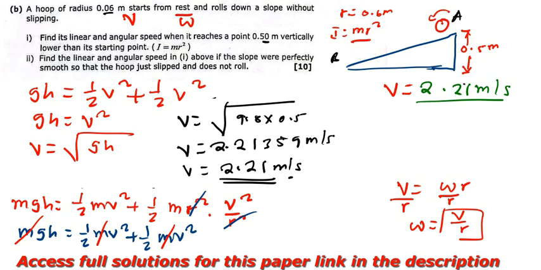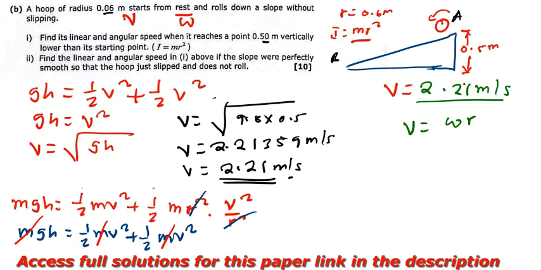So this is the linear speed. Let's find the angular speed. So the angular speed is w. Remember we had this formula here: v is equal to wr. So we have now our v. Let's make w the subject of the formula. Divide both sides by r. So w will be equal to v over r.